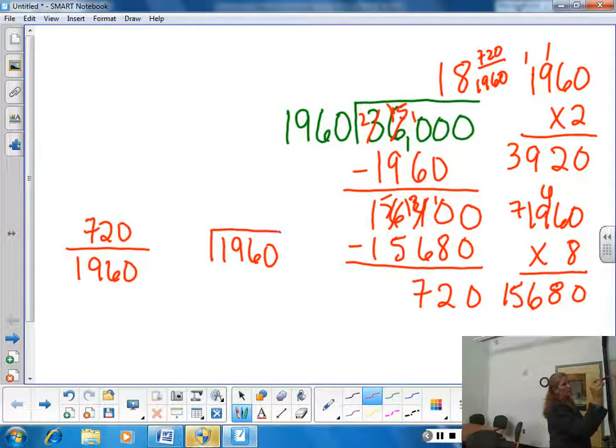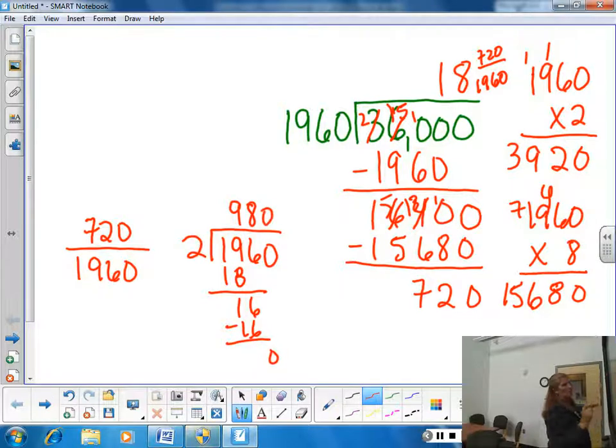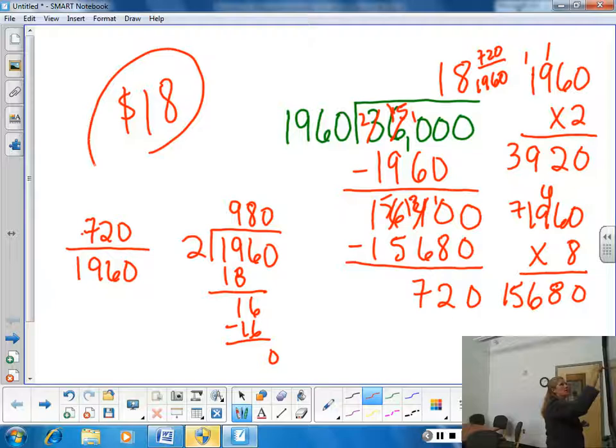If you divide this by 2, 2 goes into 19 9 times, and 2 goes into 16 8 times, and so 980 would be half, and we're less than half then. 720 is less than half, so we would just say, oh, they make about $18 an hour.